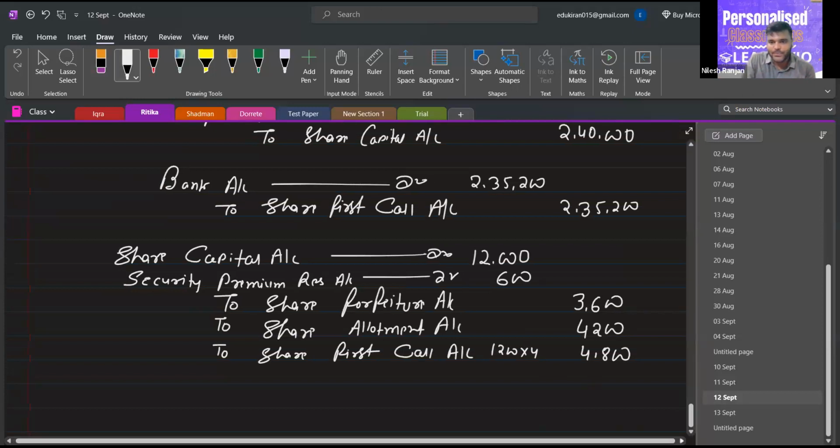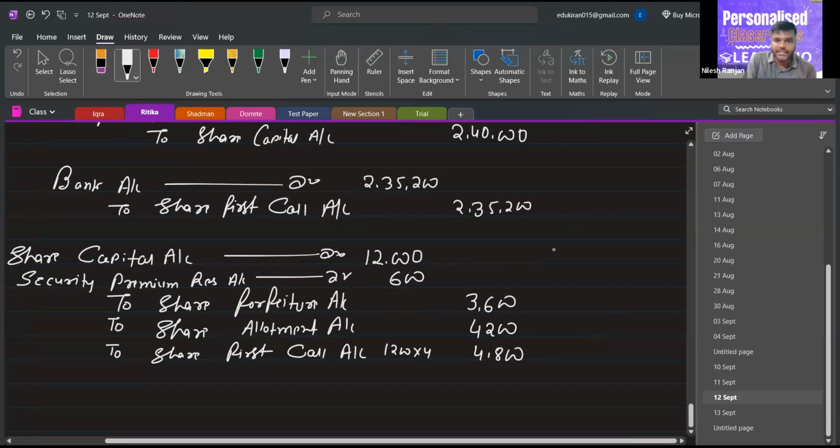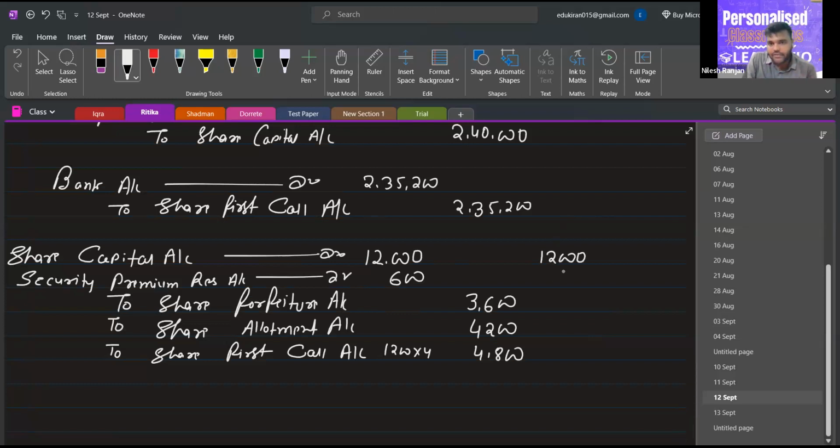Okay, so now the second option. In this, we will write 12,000 here, and we will write the full premium amount here. That is 600 into 1200 and 600 into 12, 2,400.